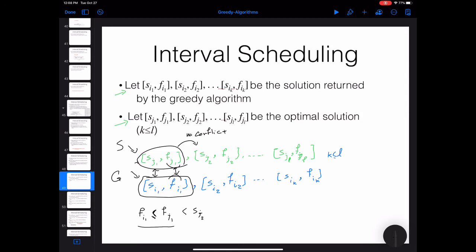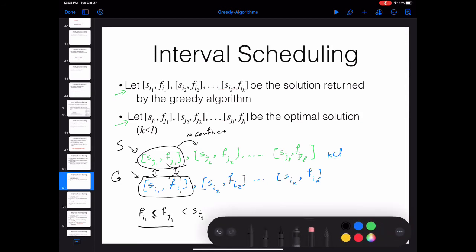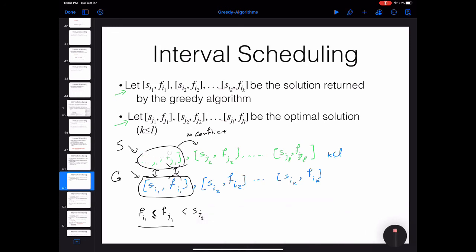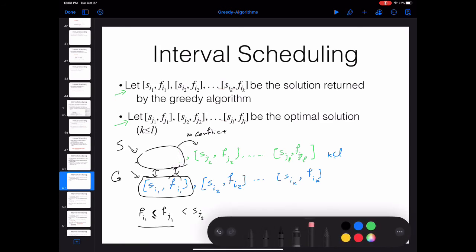It means that instead of using this job, I'm going to use exactly the same first job that the greedy algorithm gave me.